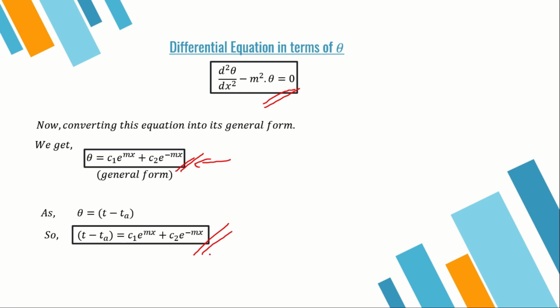This is the desired result that we will use in our topic, the heat dissipated from a fin insulated at the tip. This result is very important. We will start our derivation from this equation only, so we have to remember this result so that we can use it further.